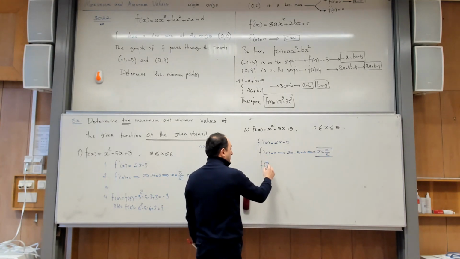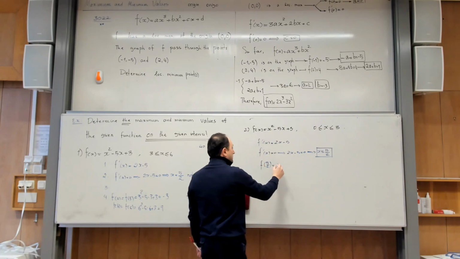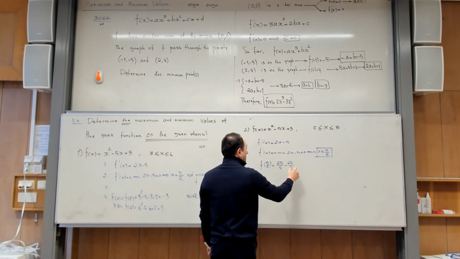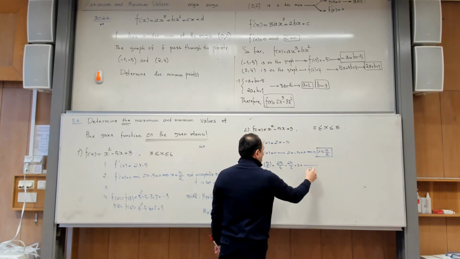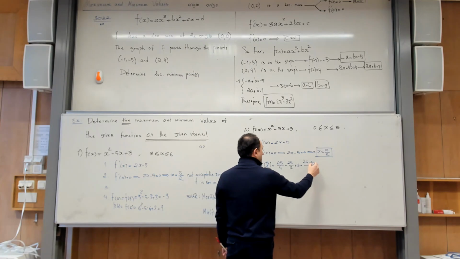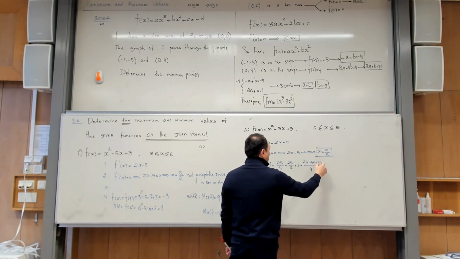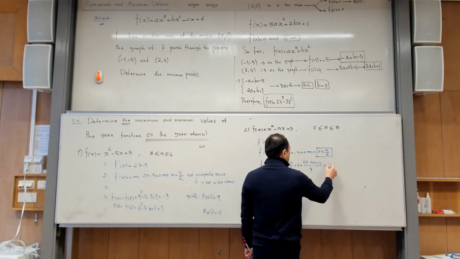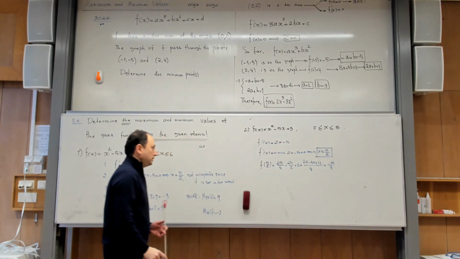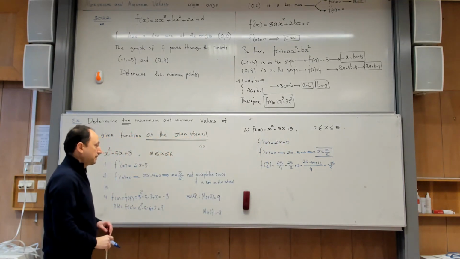So I have to put 5 over 2 here. It becomes 25 over 4 minus 25 over 2 plus 3. Taking the common denominator 4: 25 minus 50 plus 12, it's minus 13 over 4. Please watch my calculations, thank you.